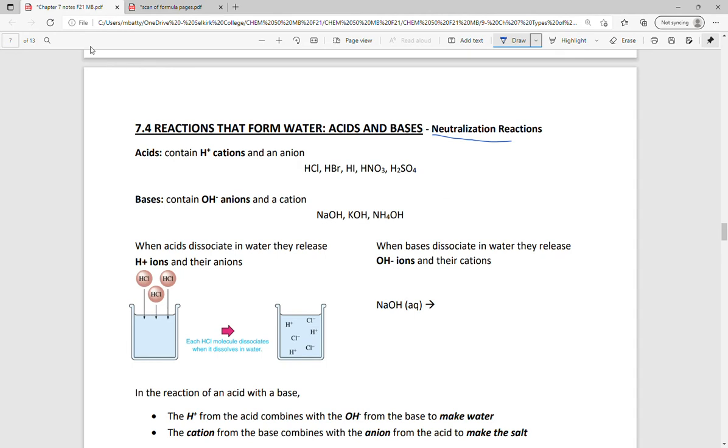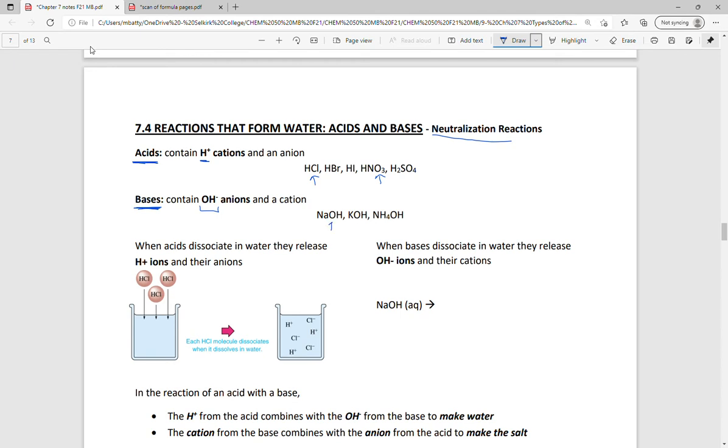And so we know that an acid from our nomenclature has a hydrogen as the cation and then something else as the anion, either the non-oxy acids or the oxy acids when we named them. Bases, we didn't have a separate system of nomenclature to name them, in that they're going to have the polyatomic hydroxide as the anion and something else, or a metal, as the cation.